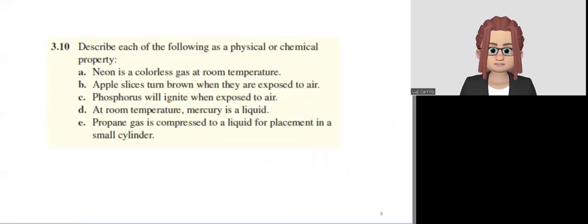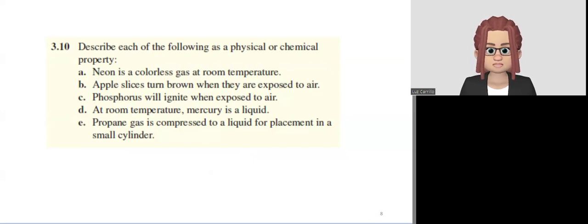To practice, to identify if a statement indicates a physical property or a chemical property, we are going to go over problem 3.10. As you can see, we have 5 different descriptions, and we're going to categorize them between physical or chemical properties.